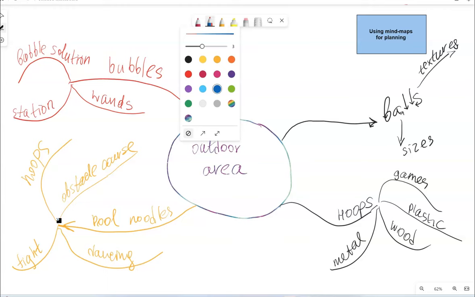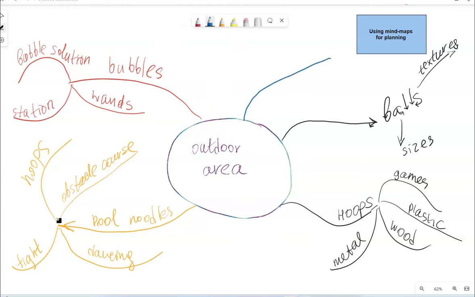So next branch would be blue. And we keep thinking, what else do we have in there? So I'm a huge fan of bean bags. They're special small bean bags for fundamental movement skills. They're filled with sand, so you can call them sandbags as well. Some are filled with different types of fillers. And here you can think of that these bean bags might be weatherproof.